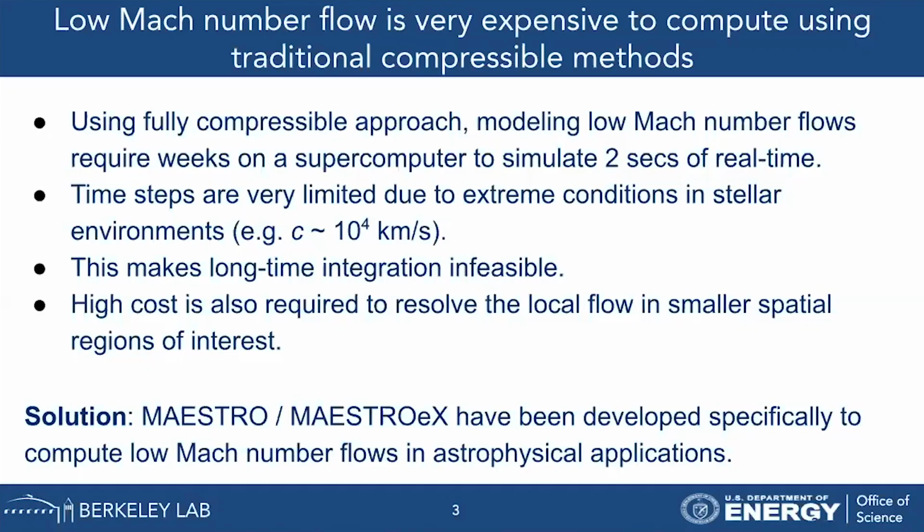And so the timescales that we're really looking at for these types of problems are on the order of hours to days. So this is really infeasible for a fully compressible approach. There is also high cost required to resolve the local flow in smaller spatial regions of interest. And so we want to have a special method to be able to solve low Mach number flows.